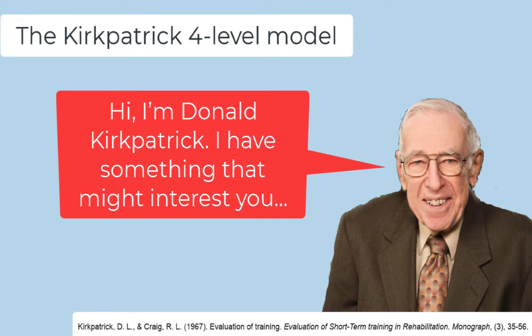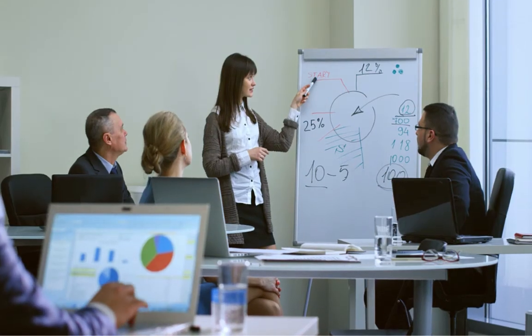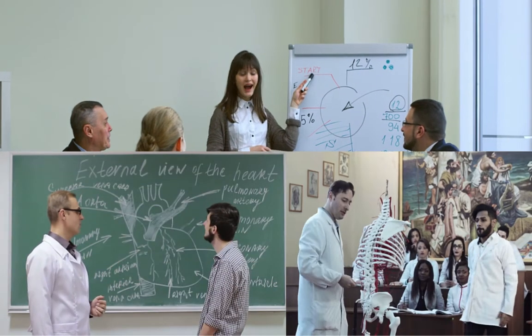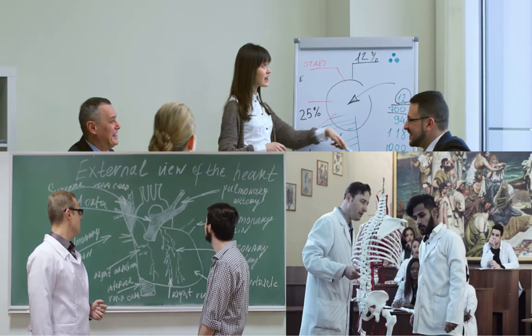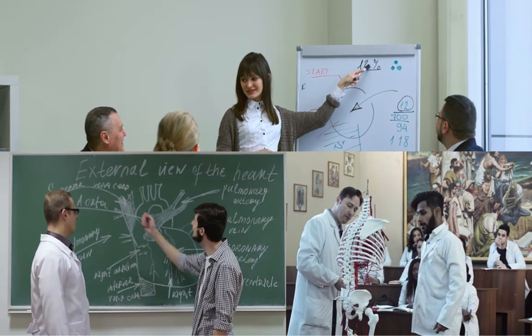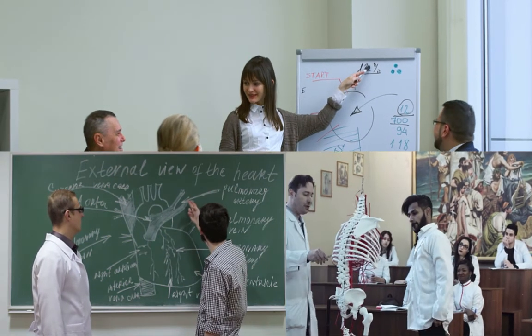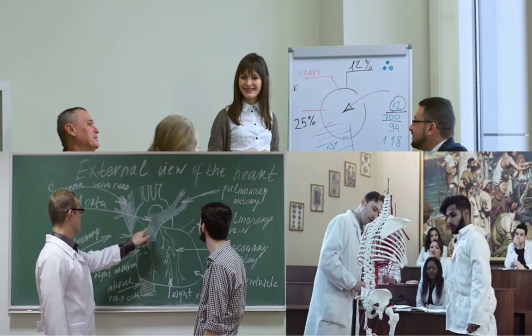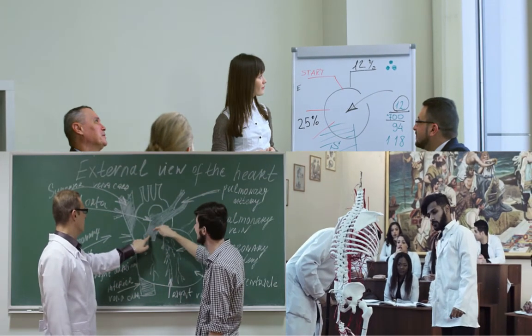Initially, this was intended for business programs, but considering its popularity and transference, it has been used by many other areas and disciplines, including health professionals education. This outcome-based model describes a hierarchy that goes from the lowest to the highest levels of impact and credibility about the effectiveness and value of an activity.